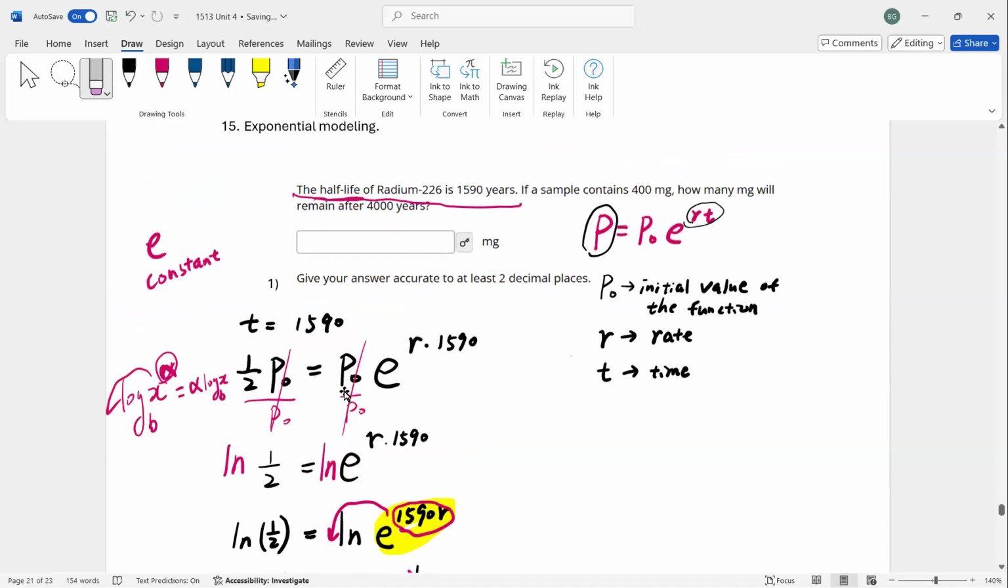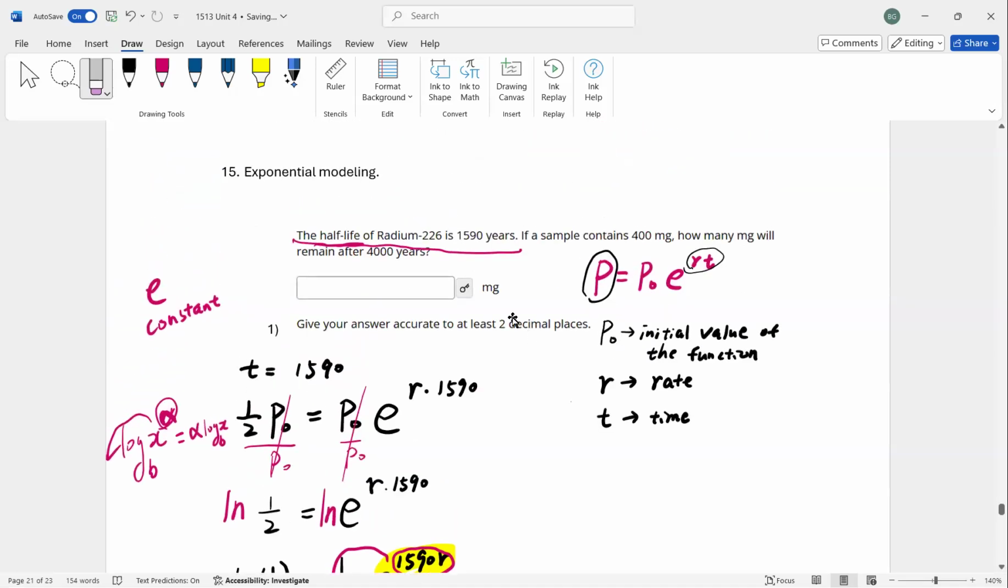Okay, let's keep reading. Let's see what we need to do for this problem. If a sample contains 400 milligrams, that could be the P sub 0, right? The initial time when you start to look at a substance is P sub 0.